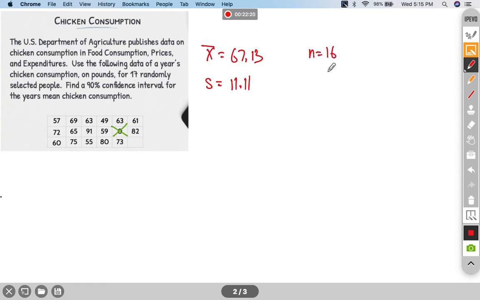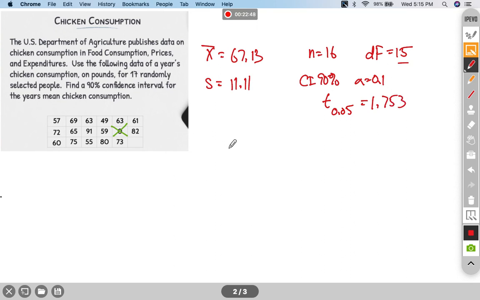I'm now down to 16 pieces of data, so I have 15 degrees of freedom. I have a confidence interval of 90%. So alpha is going to equal 0.1, so I need t of 0.05 with 15 degrees of freedom, which is going to give me 1.753.